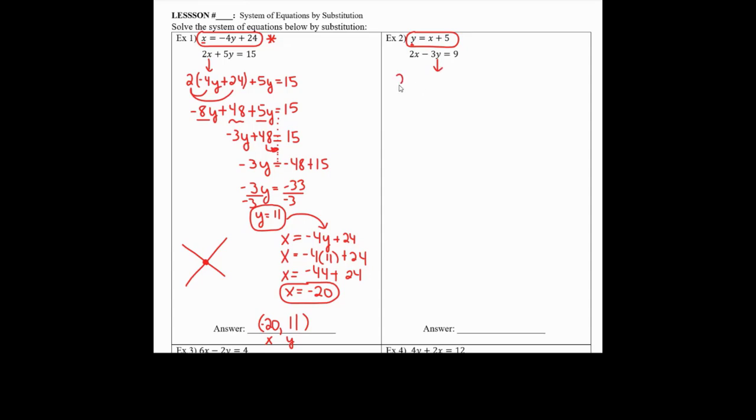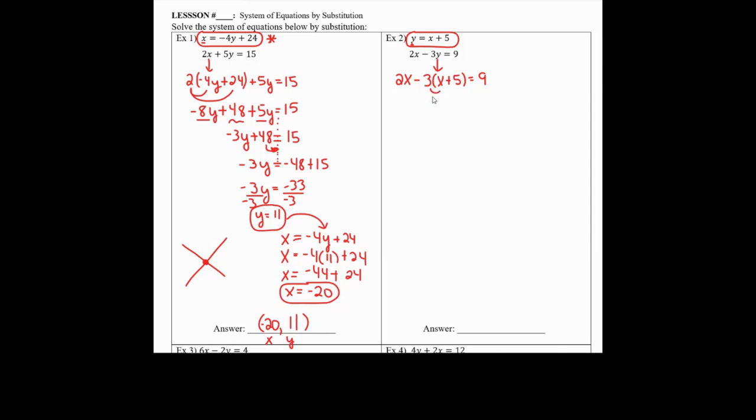So I'm going to copy 2x minus 3. When I get to the arrow, I put parentheses, and then I copy. I'm going to substitute what y equals to. So basically, I'm going to copy this x plus 5, close parenthesis, equals 9. Now it is an equation.